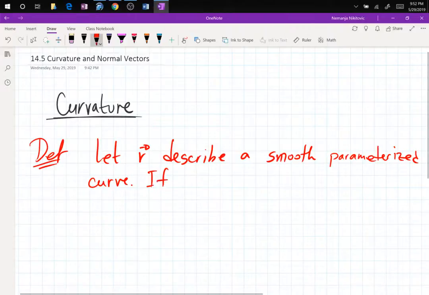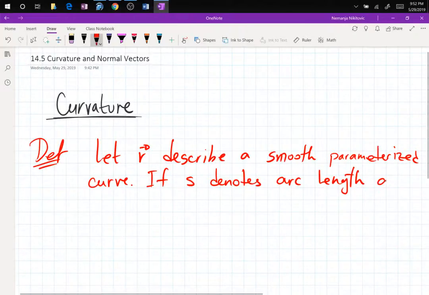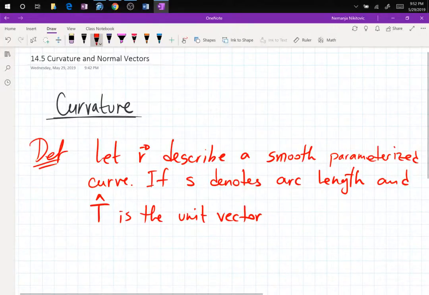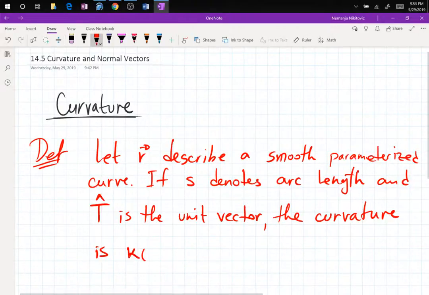If S denotes arc length, and T hat is the unit vector, the curvature is K of S is equal to the magnitude of the derivative of the unit vector.